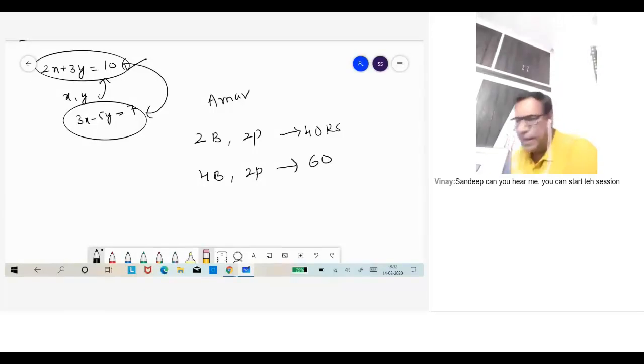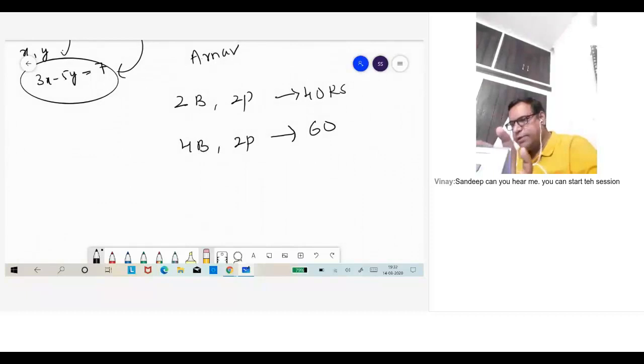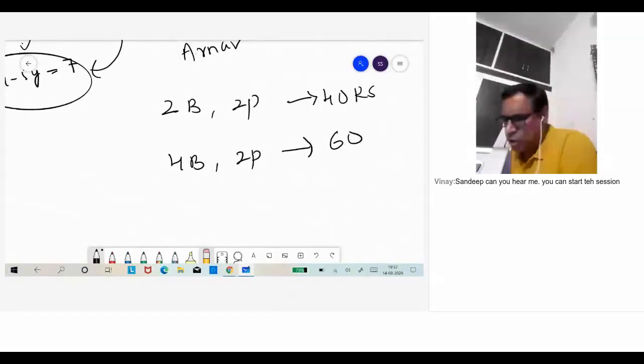Now, how will you formulate a linear equation in 2 variables using the given data and get the pricing of each book and pen? To make you understand, how will you formulate linear equations in 2 variables in our day-to-day problems? For example, Arnav has gone to the market, he bought 2 books and 2 pens and it cost him 40 rupees.